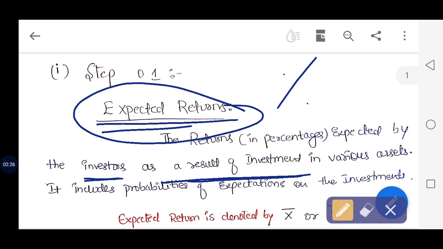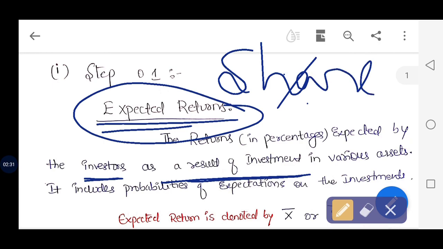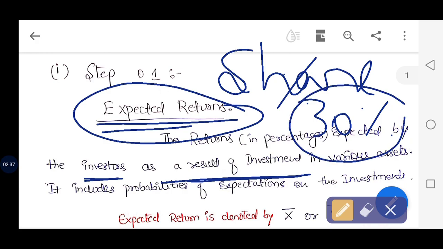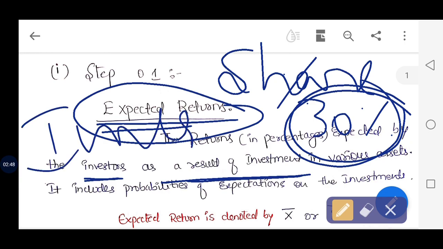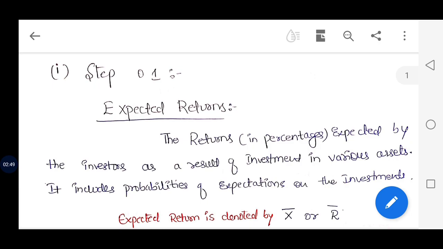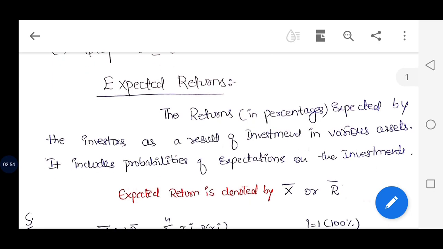Suppose we have invested in shares, and that company is promising you 30% return on your amount invested. You are expecting that at the end of the year that company will give you 30% return. That is the expectation from the investor's side. So the first step is calculating the expected returns.